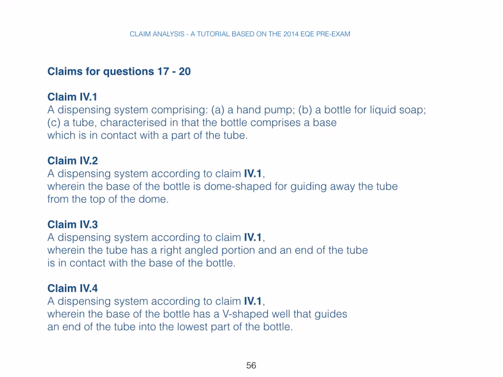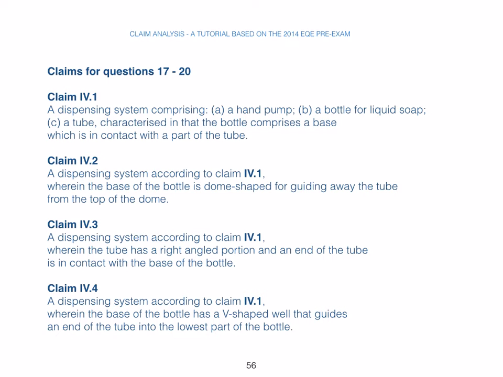Claim Roman 4.2, a dispensing system according to claim 4.1, wherein the base of the bottle is dome-shaped for guiding away the tube from the top of the dome. Claim Roman 4.3, a dispensing system according to claim 4.1, wherein the tube has a right-angled portion and an end of the tube is in contact with the base of the bottle.